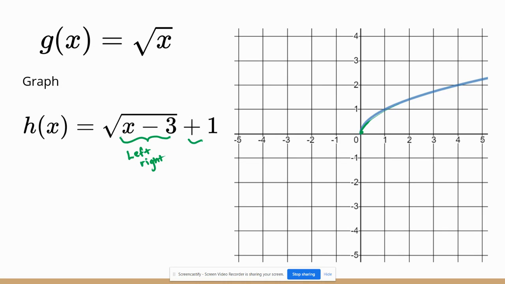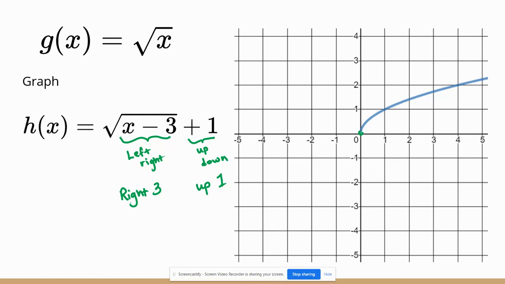And then it has a +1 that's added onto the end, so that's going to be an up-down change. So the -3, normally I think of -3 as this direction, but it's not that direction because it's opposite. So this -3 is going to be right 3. And then the one that's added onto the end, we don't do opposite for up and down. That's just going to be up 1.